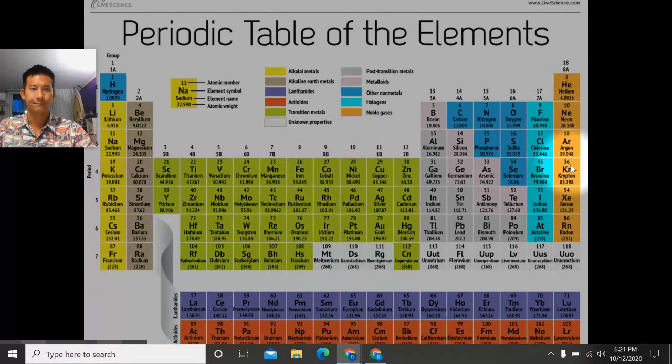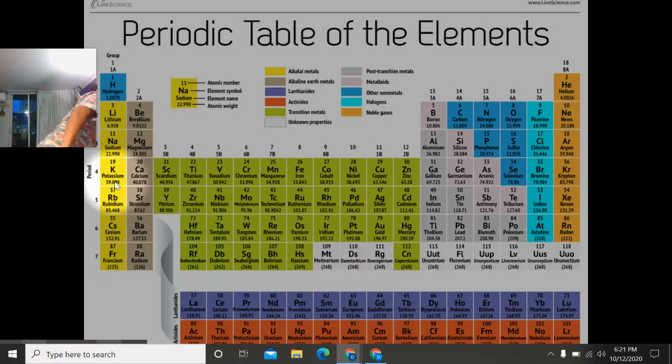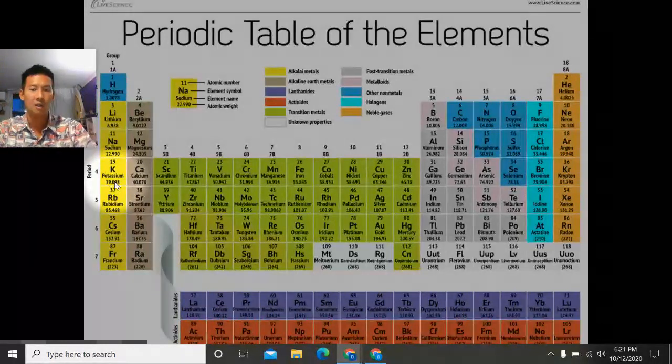Over here, you've got sodium, potassium. These are actually very reactive, and again, it's because on their last ring, they possess a similar amount of electrons.